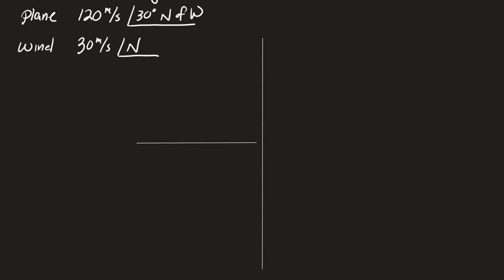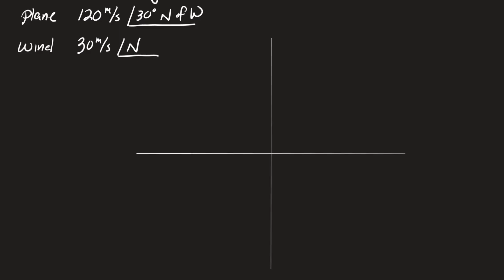I would highly encourage, even for the mathematical parts of this, that you always create something like this every time you do one of these problems to help you with reference. Every time we do one of these, I'm going to start by having a coordinate system. And in my head, I know that east is positive, north is positive, west is negative, south is negative.